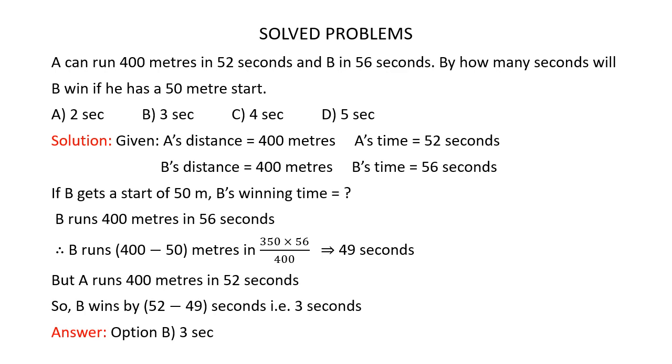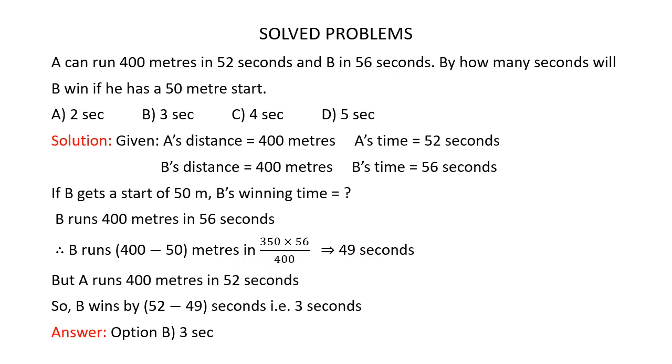Now it's given that B runs 400 meters in 56 seconds. So B runs 350 meters in 350 multiplied by 56 divided by 400, which is 49 seconds. So B runs 350 meters in 49 seconds to reach the winning post.